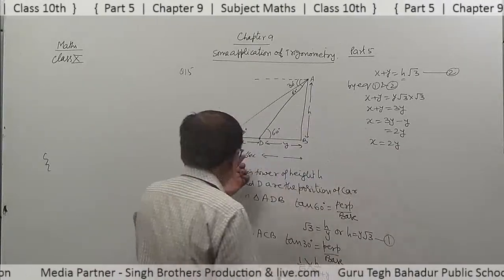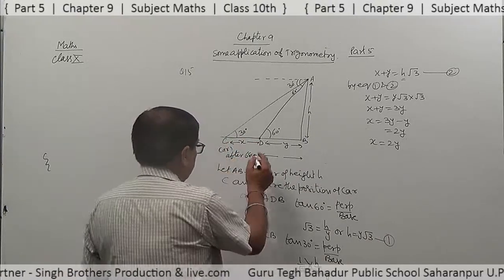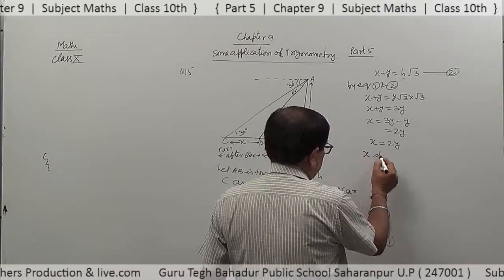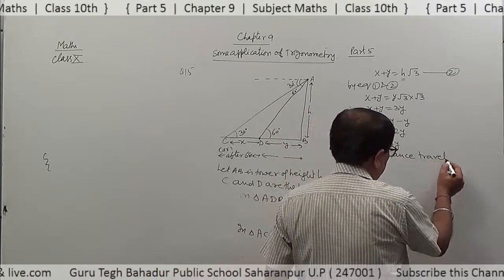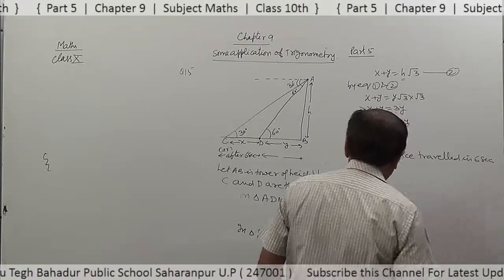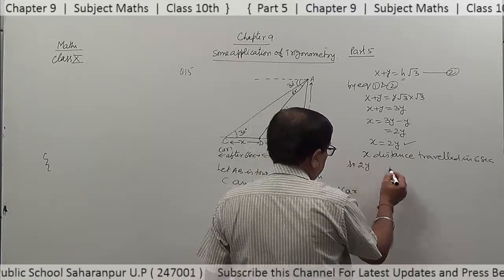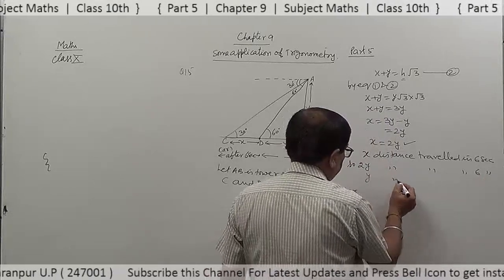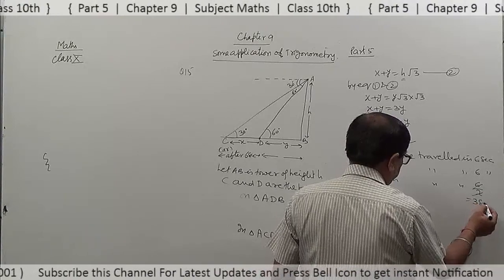So you see that x distance is travelled in 6 seconds. x is equal to 2y, so 2y distance is travelled in 6 seconds and y distance is travelled in 6 upon 2, that is equal to 3 seconds.